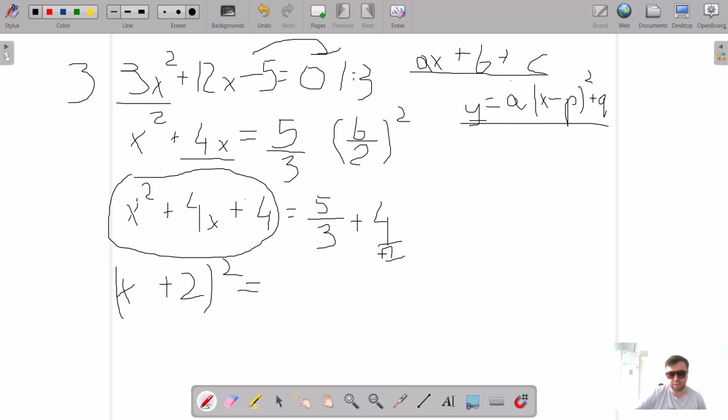Of course 3, not 12. This one will remain unchanged, but here we need to write 3. So if 1 increased 3 times, 4 also needs to increase 3 times, so it will be 12. So it is 17/3.